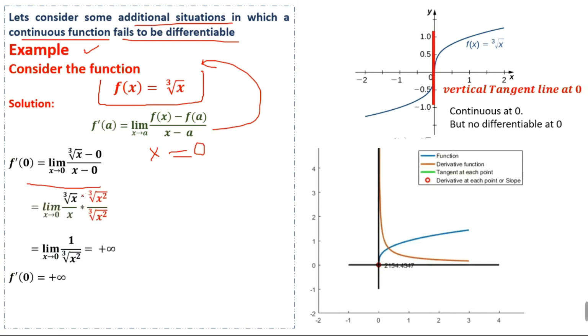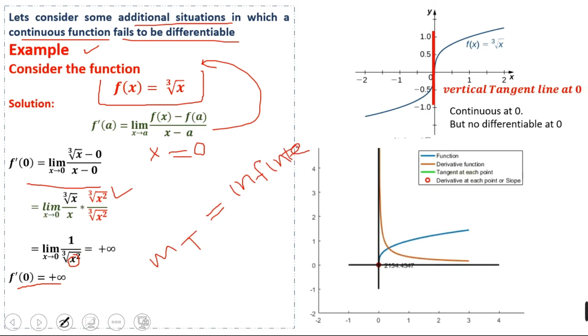After simplification, by multiplying and dividing, we get the limit as x approaches 0 of 1 divided by the cube root of x squared, which is equal to positive infinity. So at x equal to 0 the function is not differentiable. This means the slope of the tangent line at x equal to 0 is infinite.